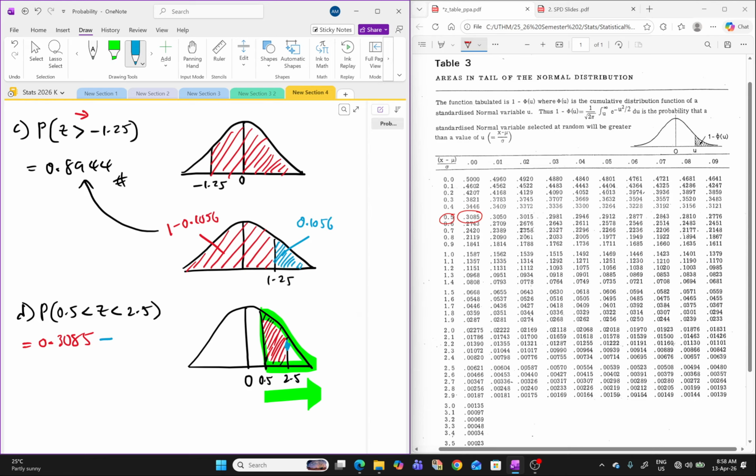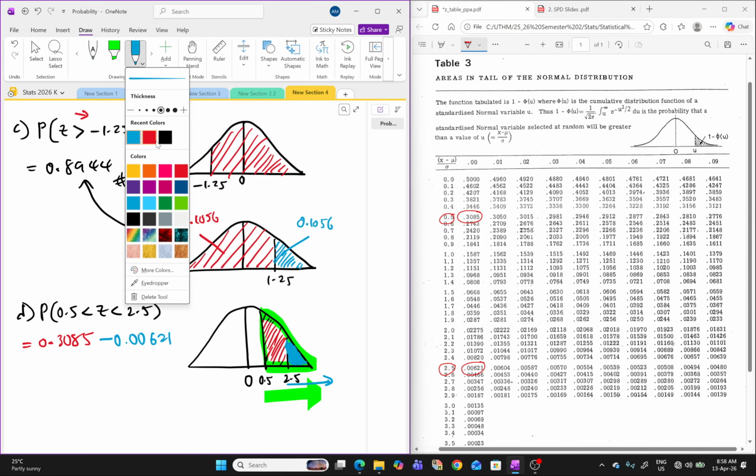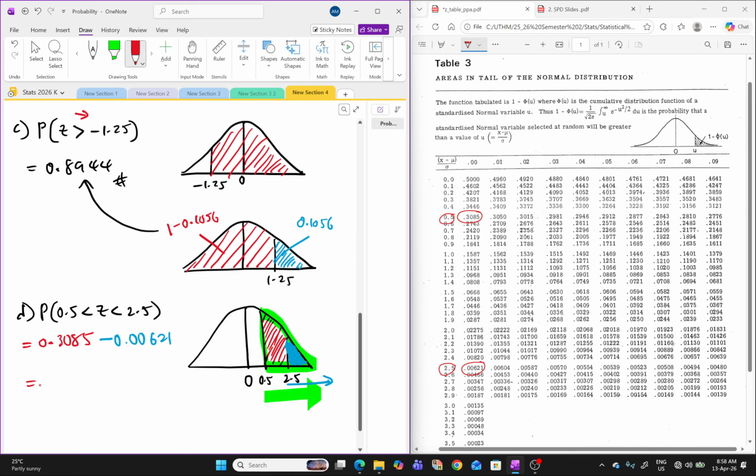Tolak dengan yang ini dari sini, 2.5 sini. 0.00621. That is the answer. Can you guys understand? Okay, cari yang besar, tolak yang kecil tu, tinggal yang straight tu. Itu jawapan kita.